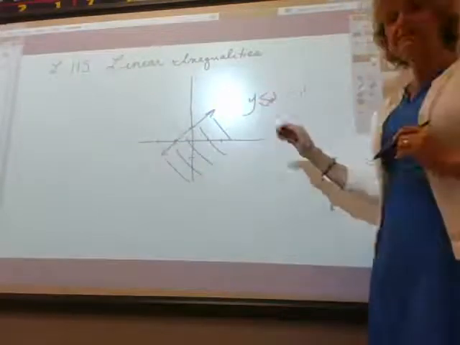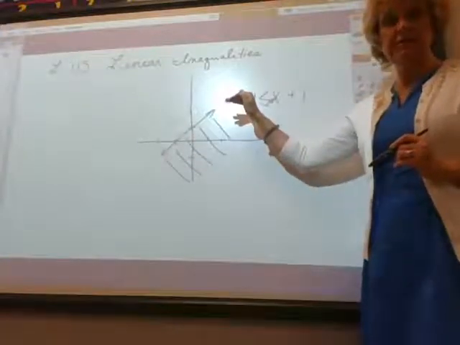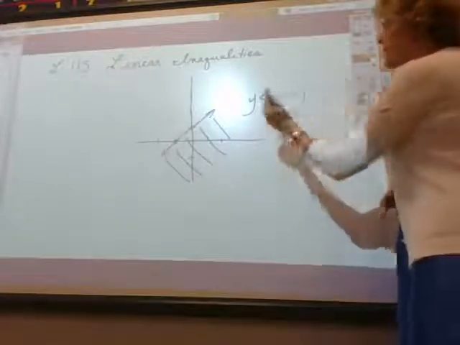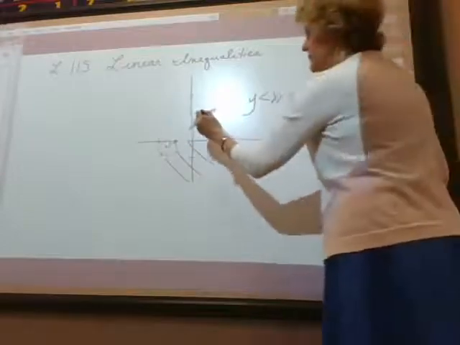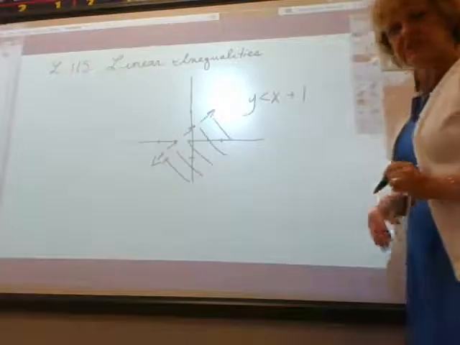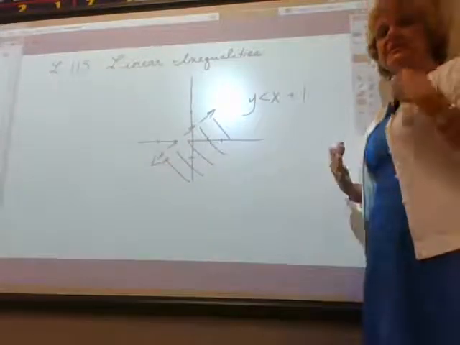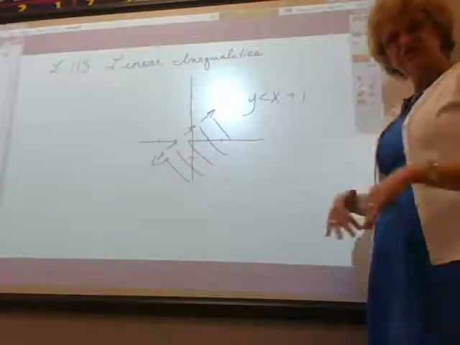If I include it by saying less than or equal to, then I'll leave it solid, okay? But if it's less than or greater than, then I want this to be dashed. And so you're just going to do something like this, okay? You get the idea, just a dashed line. And again, shading below.